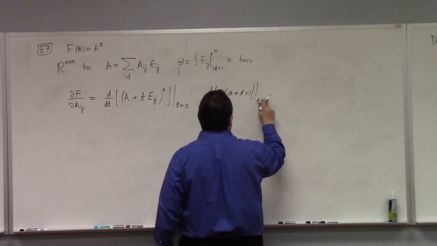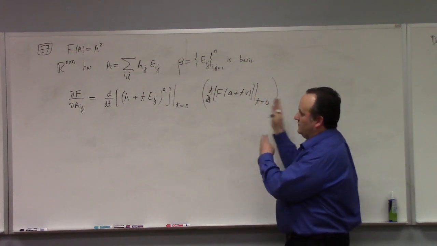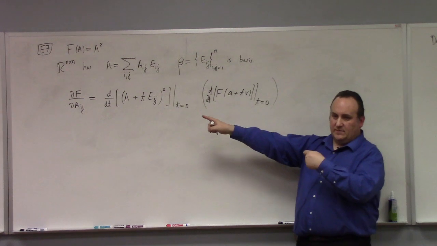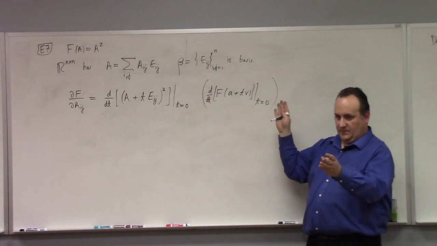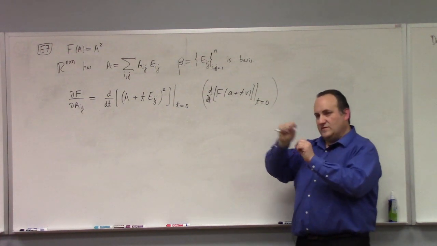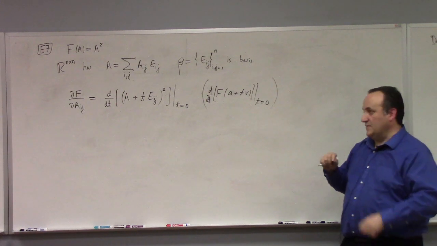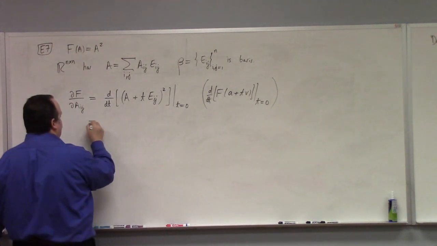I'm putting that into practice for this example. My f is the square function, and I'm trying to calculate the derivative at A. My basis is E_ij. So I'm exploring how the square function changes if we move along the E_ij direction in the space of matrices.